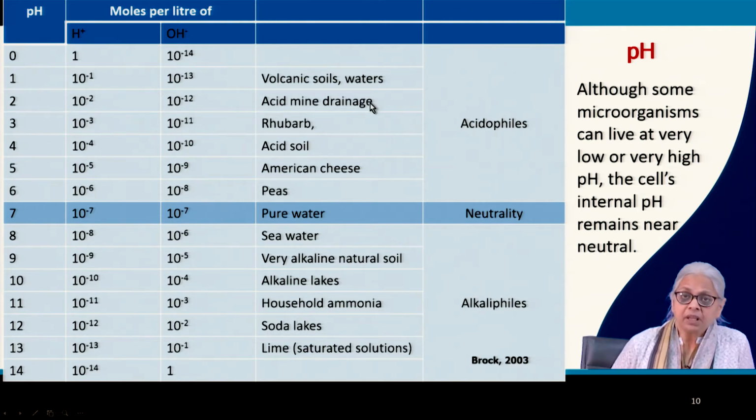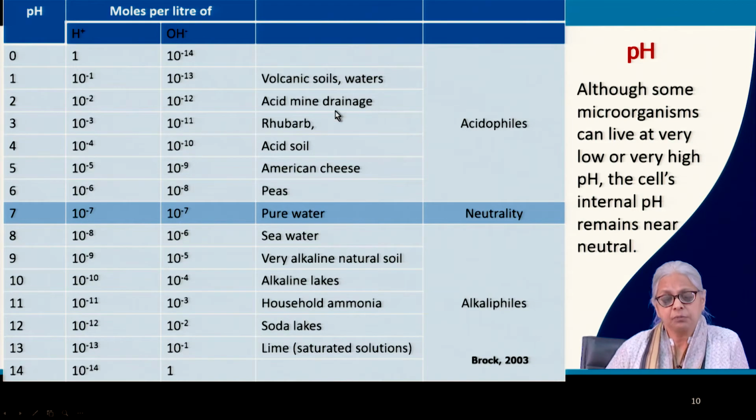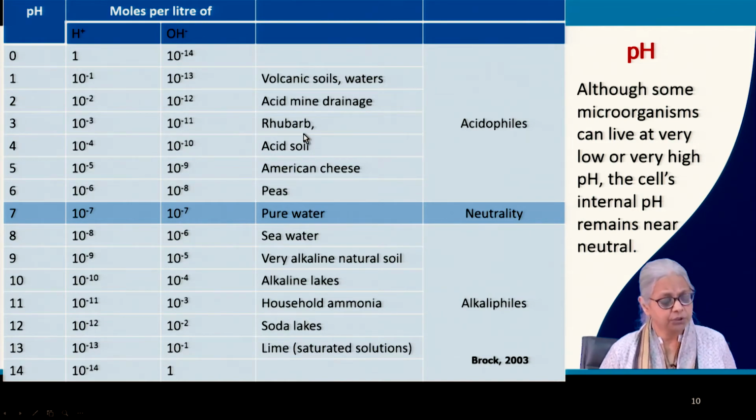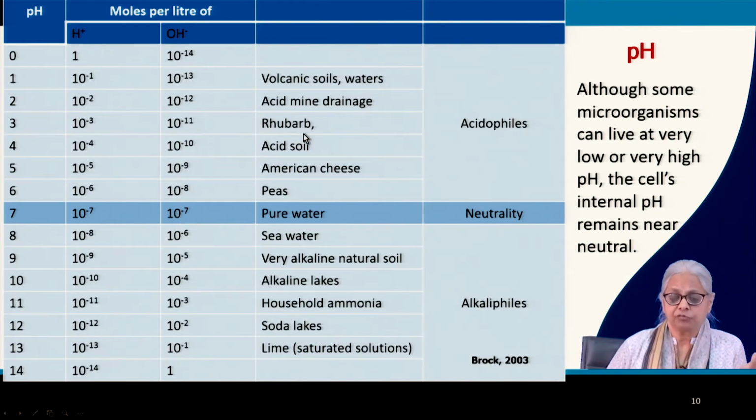So from the environmental perspective, some of the things that are very important for us are the acidophilic bacteria. These are found in volcanic soils, in acid mine drainage, in certain types of food, in certain types of soil, in cheese, in peas. These are some of the foods as well as other types of environments where you're likely to find acidophilic bacteria.